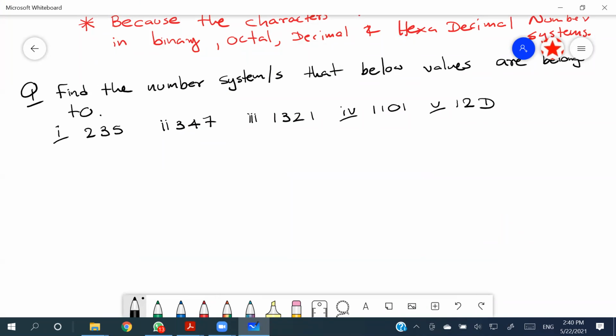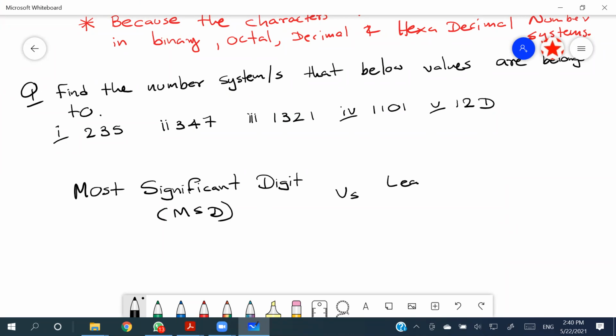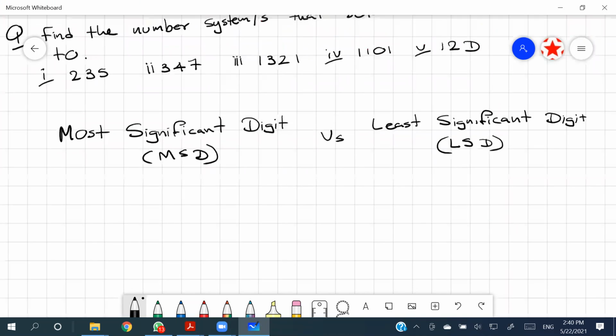I'm talking about the most significant digit, the MSD, versus the least significant digit, which we call the LSD.